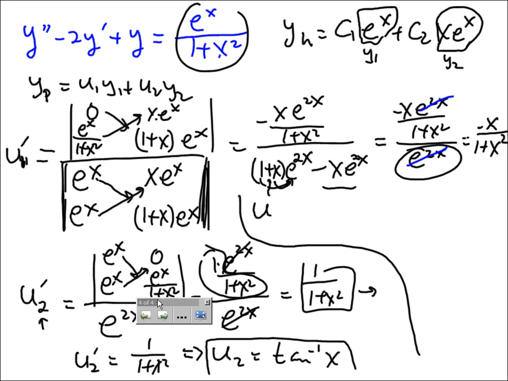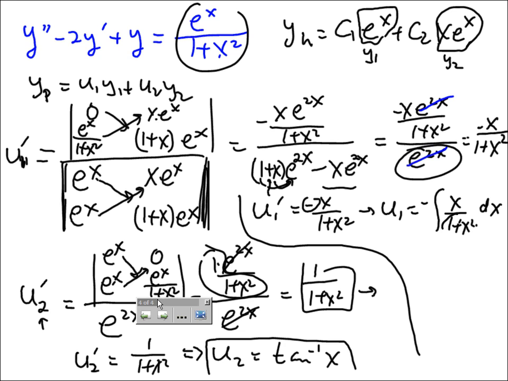Well, we know that u prime is this. So then u1 will just be the integral of that. And this minus sign I pull down in front.